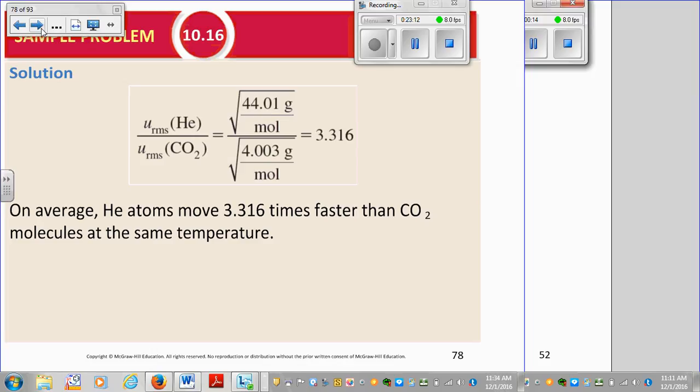Containers are identical. I'm just heating them. Which one's going to burst first? Why? Helium moves faster, so when I heat it, it's going to be moving even faster. I'm assuming the same molar quantities. It's going to increase the pressure faster.